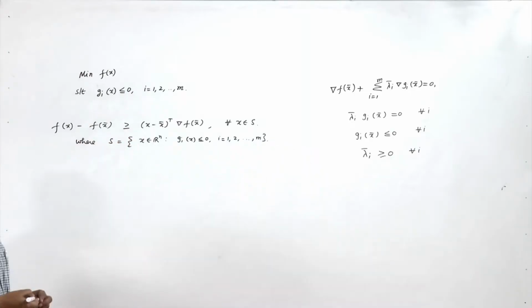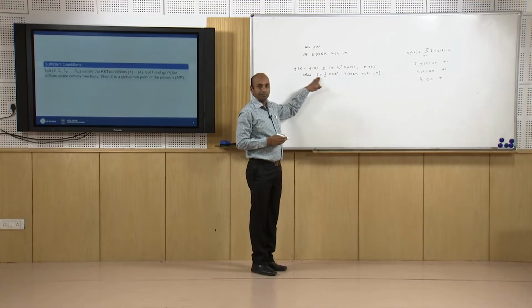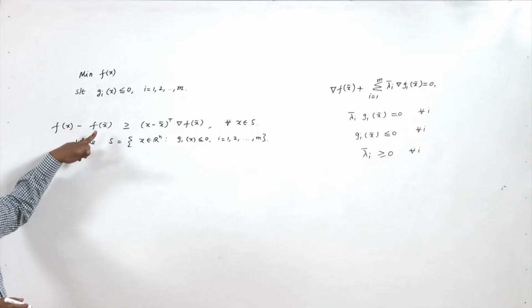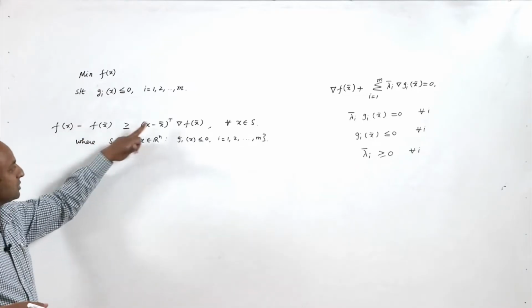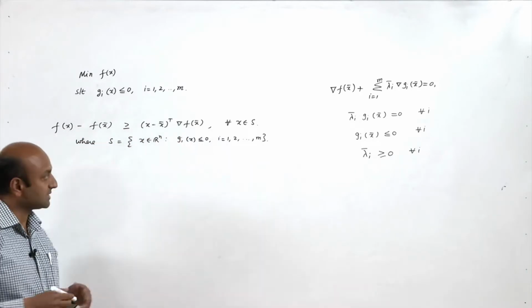That is the feasible set. If f is a convex function, then f(x) minus f(x bar) should be greater than or equal to this. This we have already discussed.